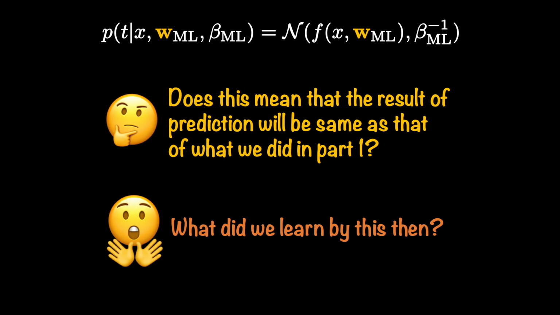And you would be right. But then you should challenge me on why we went through this whole thing if the prediction was going to be the same. The reason is that you have to stop thinking only about the value of the prediction. Let me summarize what you learned by going through this process.